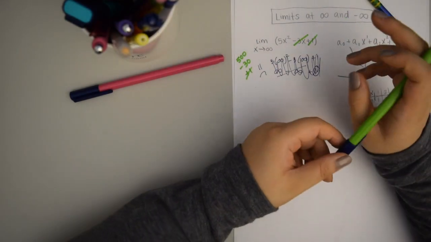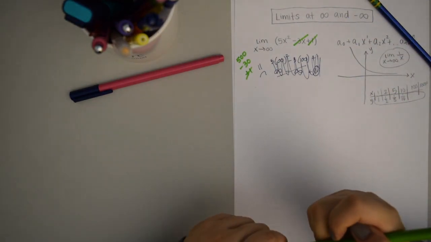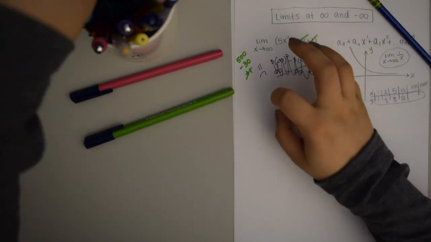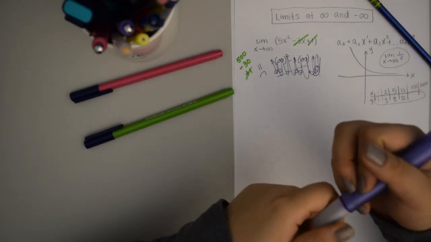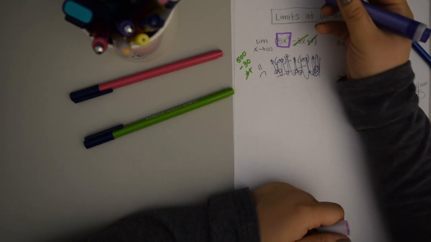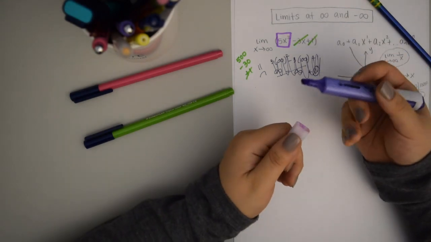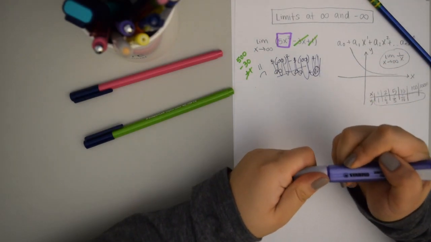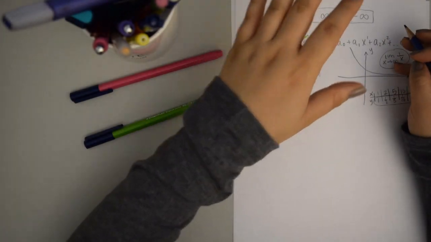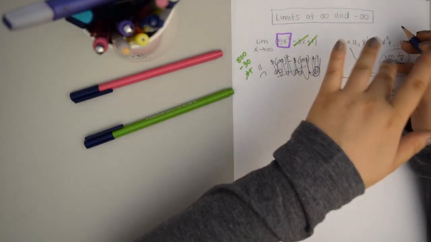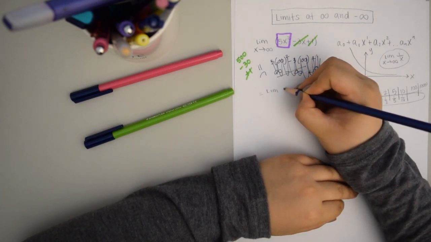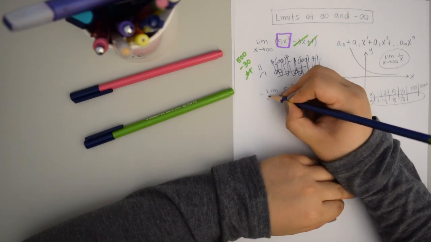So the only thing that matters is our leading term. That's the term that has the highest degree, the highest power. This 5x squared is the greatest contribution and the rest just falls away. So now we're really talking about the limit of 5x squared as x approaches infinity.